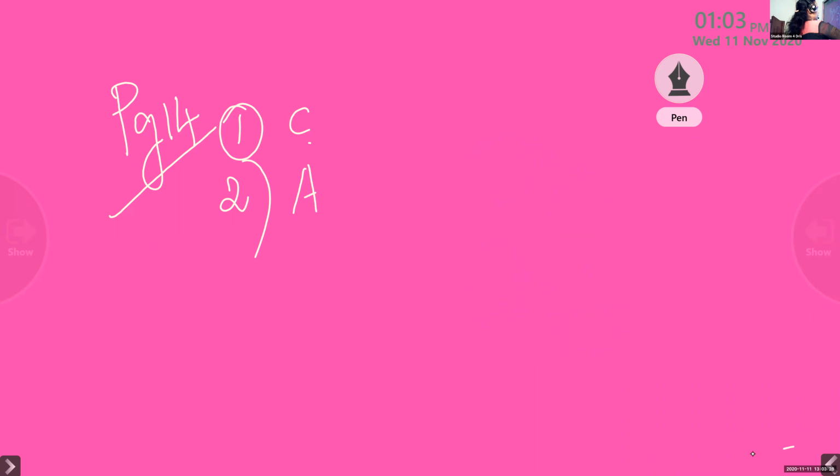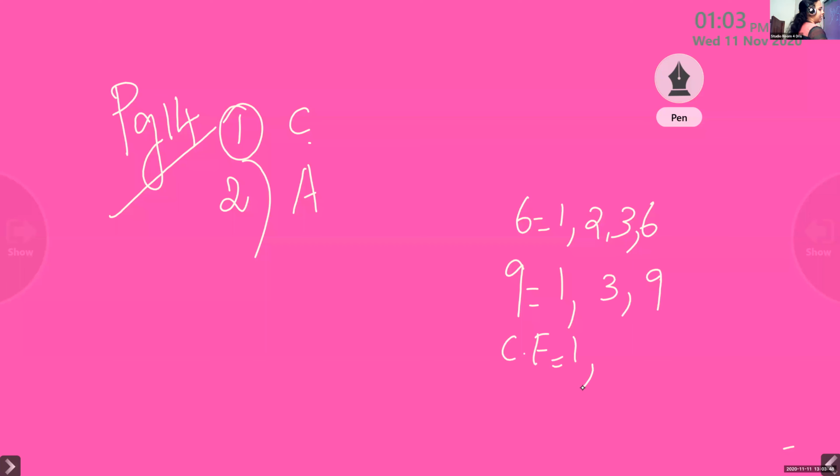If you have any doubt with small numbers, we can write the factors of 6: 1 and 6, 2 and 3. This method also we can use. For 9: 1 into 9, 3 into 3. Now look at the common factors. Common factors are 1 and 3.